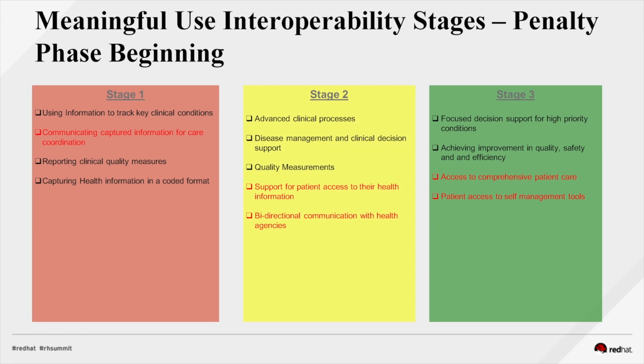At this point, they're pretty much in place. What you have going on now is stage 2 and stage 3. Stage 2 is support for patient access to their information, the beginning of it. You have bi-directional communication. This is where it starts to get hard. In stage 2, you have people that are already having problems hitting stage 2. Stage 3 even gets more difficult.